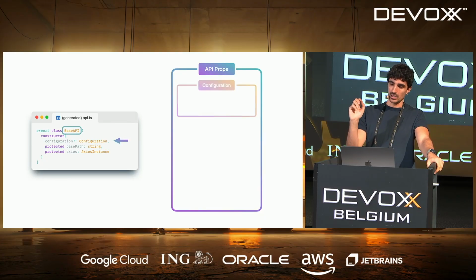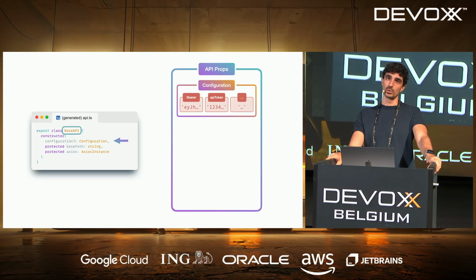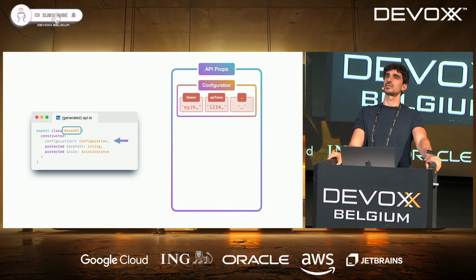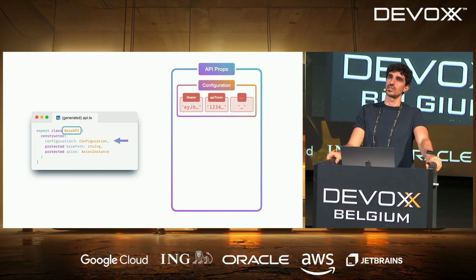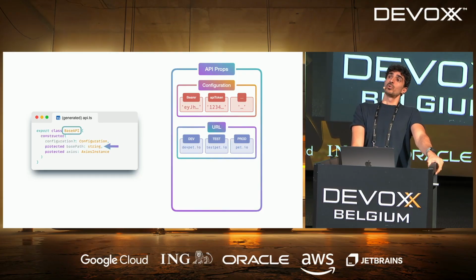The first API prop is the configuration. This is normally used to pass all of the authorization and authentication things that we need. Bearer token, could be API token, even basic authentication is supported, every kind of authentication. Then the base path, which is very useful to have as an argument that we can pass so that we can easily switch from one environment to the other or from one service to the other.